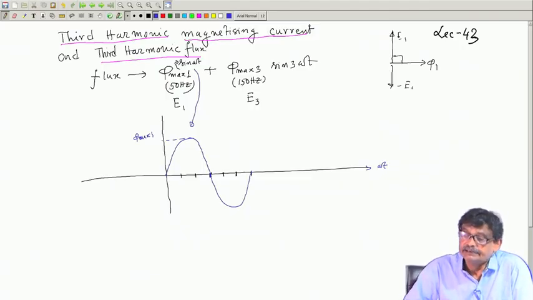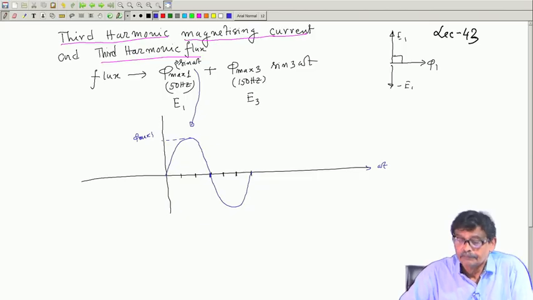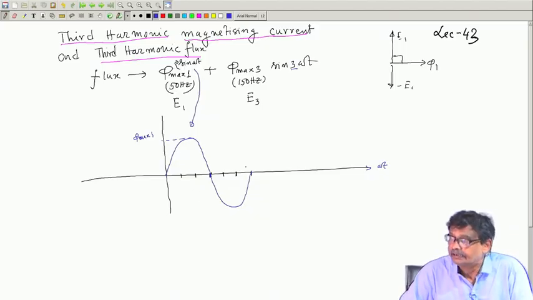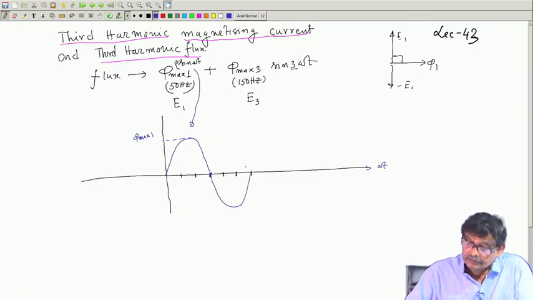Then I sketch the third harmonic component on the time axis. Since it is 3 omega t, when the fundamental completes one cycle, the third harmonic component will have 3 cycles over the fundamental period.